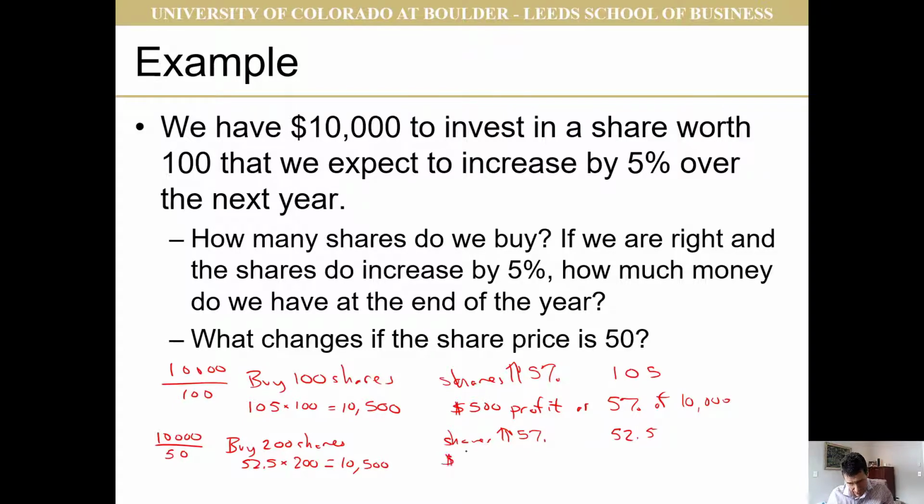We have a $500 profit, or 5% of $10,000. Meaning, as long as we have enough money, it really doesn't matter whether the share price were 100 or 50. If it were 50, we buy twice as many shares. The shares go up by half as much. In the end, we make the same money.